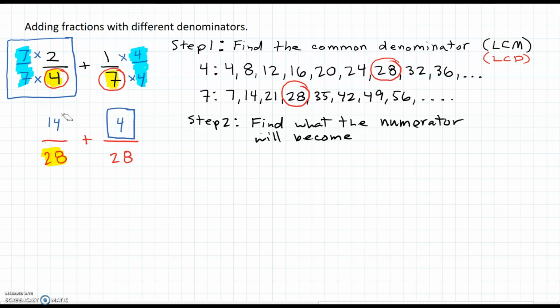Okay, so our original problem here, which was right here, 2/4 plus 1/7 became 14 over 28 plus 4 over 28 by multiplying through here, coming up with a common denominator.